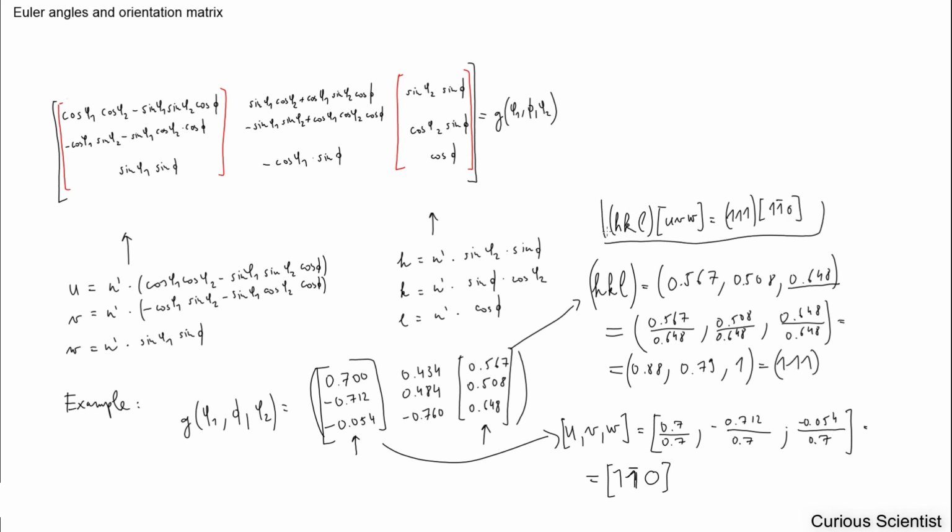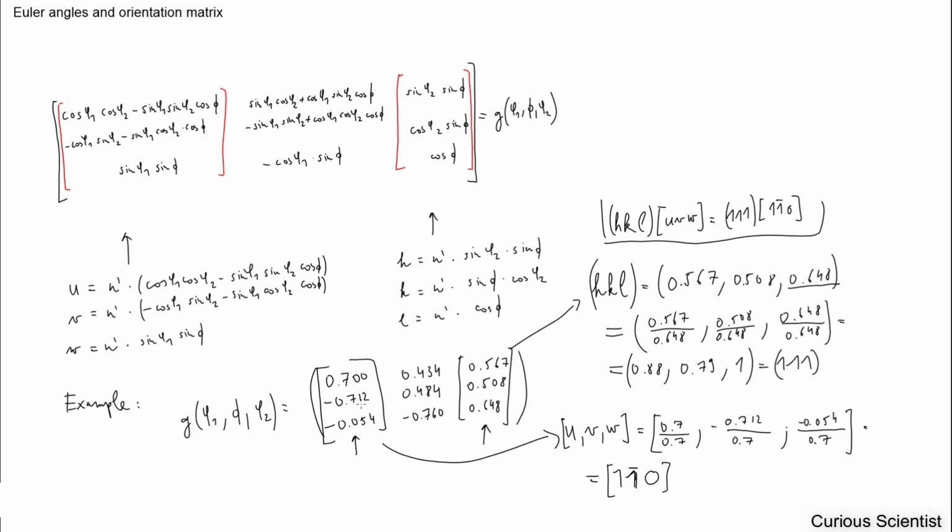So from the orientation matrix we can get the HKL and UVW values, which is basically the texture component. The point with this orientation matrix will have the 1, 1, 1, 1, minus 1, 0 texture component. And this is just one example of what we can get from this G matrix.